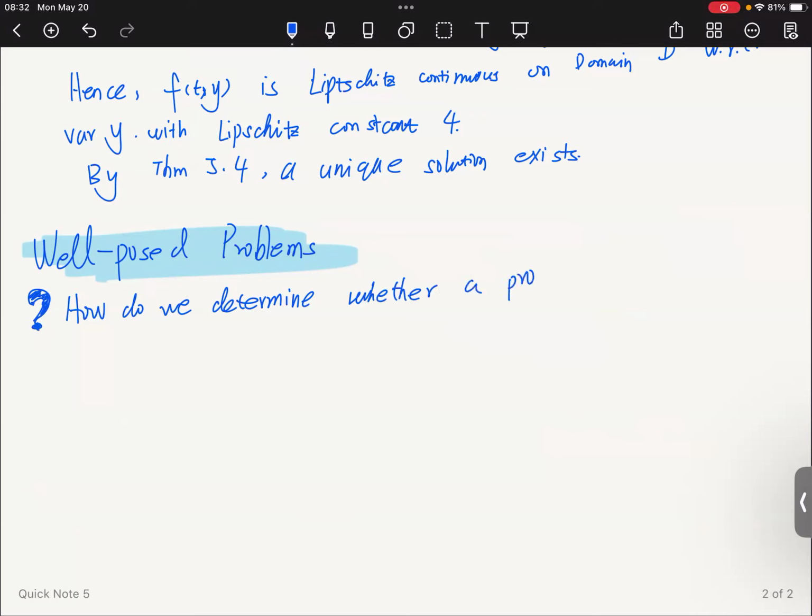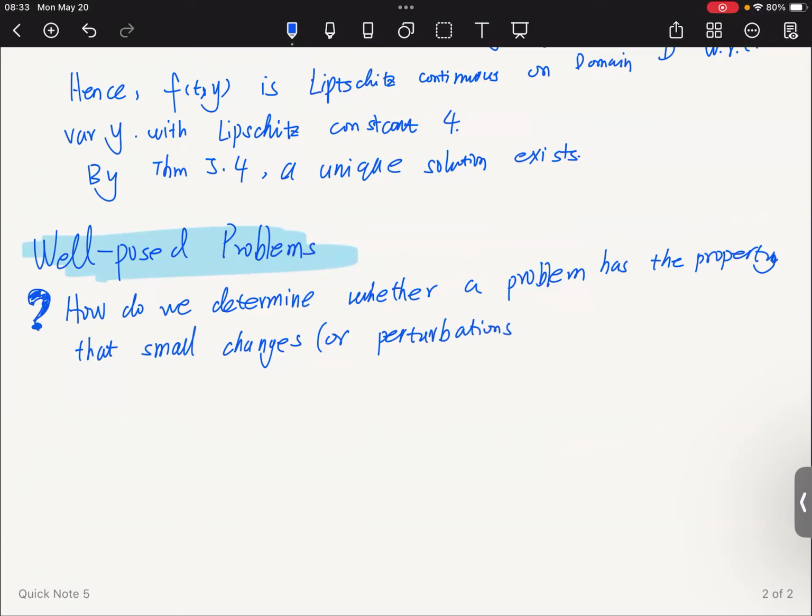A problem has the property such that the small changes, or we can say the perturbation, in the setting of the problem.